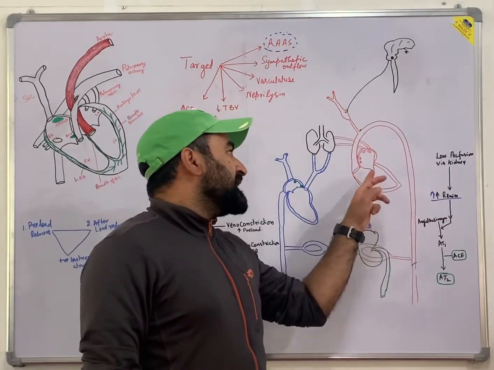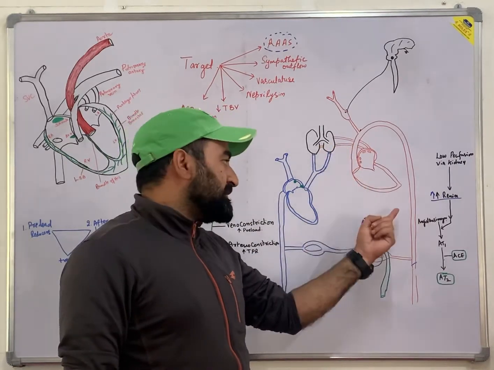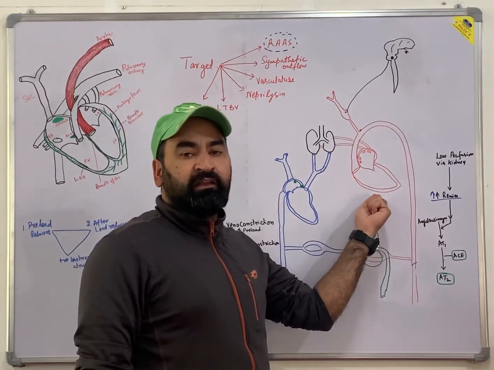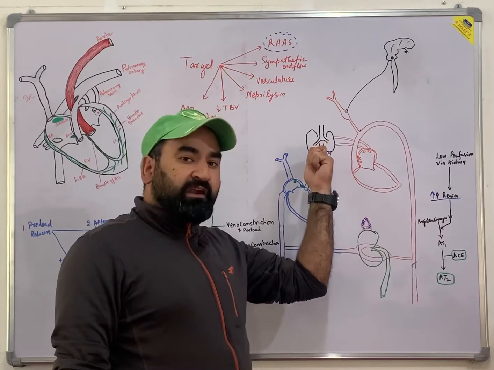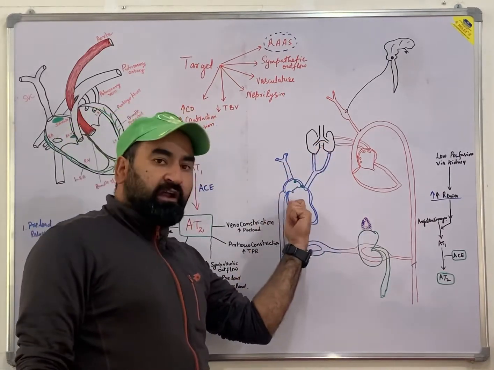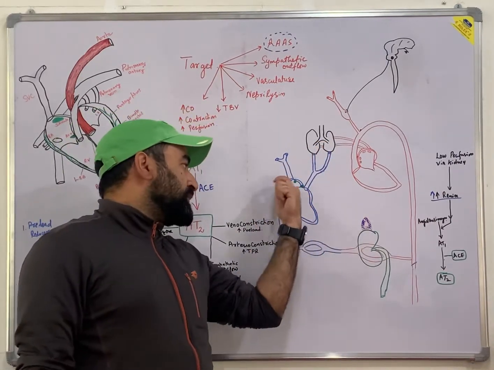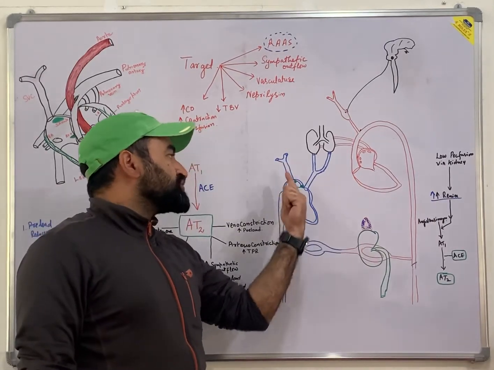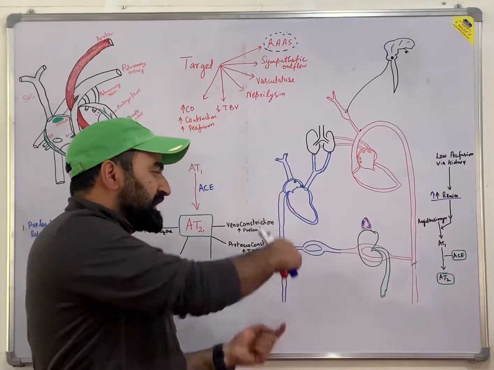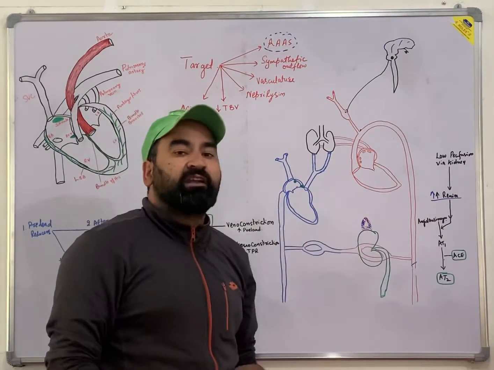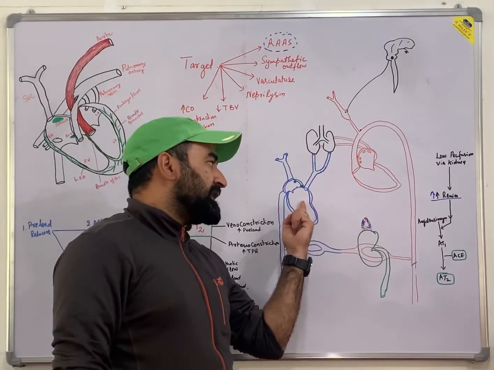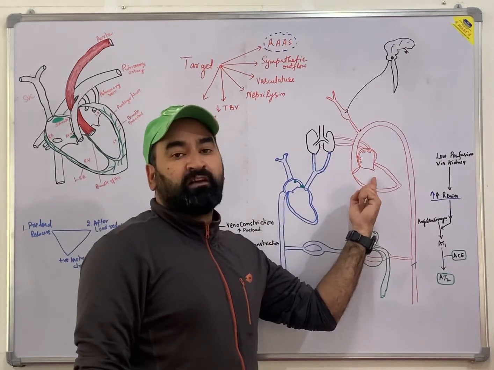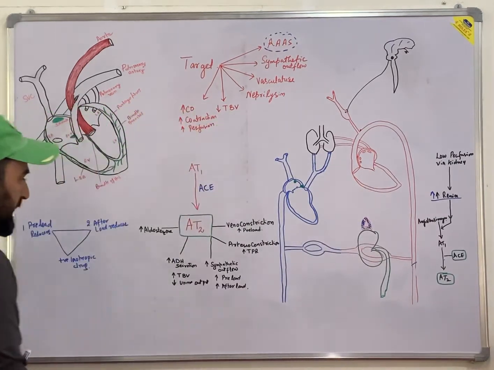So that means it gets accumulated inside the lung. That means in left side heart failure, there occurs the pulmonary edema. But whereas in right side heart failure, there occurs the pooling of the blood in the superior and inferior vena cava. So there is generalized edema in case of right side heart failure and pulmonary edema in case of left side heart failure.